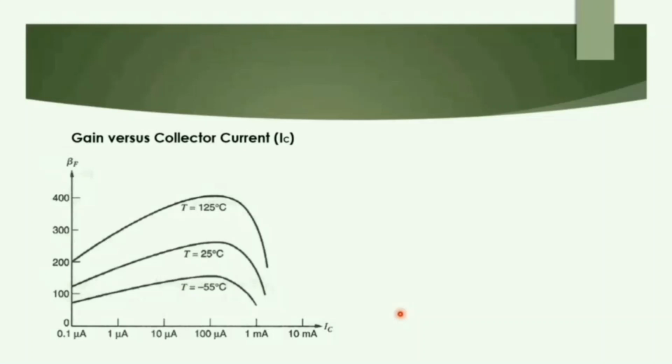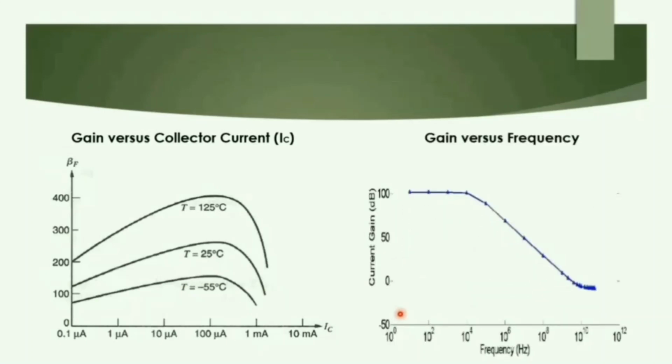The second factor is frequency of operation. The frequency of operation will have a marked effect on the value of gain. It is found that if the frequency rises, then the gain starts reducing because of the internal parasitic capacitors and lead inductance. The third factor is manufacturing aspects like the width of base region, the doping concentration of base and emitter region.